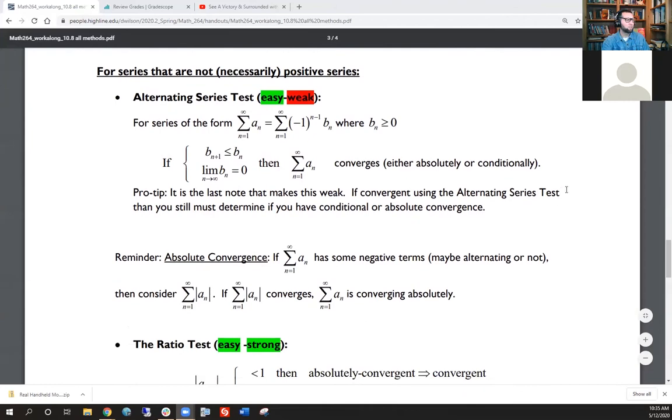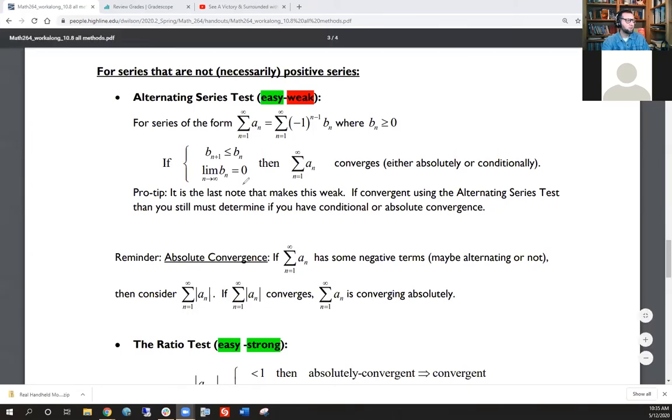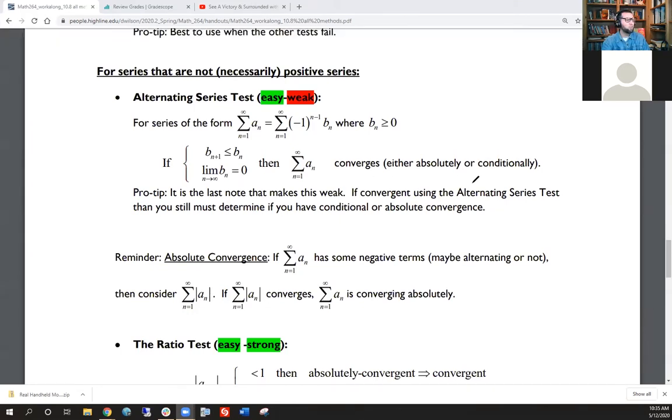All right. The alternating series test is another one of those easy, weak tests. It's really easy to do because you just get to evaluate the limit, and evaluating the limit is easy. But what's the problem with the alternating series test? What's the issue?